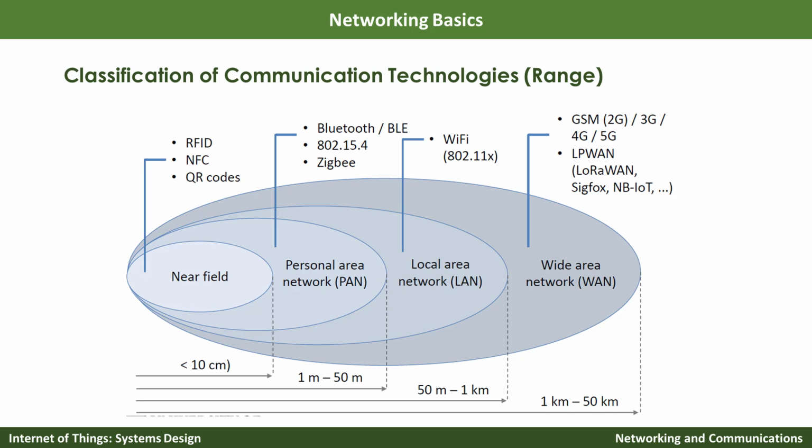Then above 1 kilometer, it could be considered a wide area network. You have technologies like 2G, 3G, 4G, 5G, and low power wide area networks such as LoRaWAN, Sigfox, NB-IoT. So these are the wireless communication technologies classified into 4 different areas based on the range.